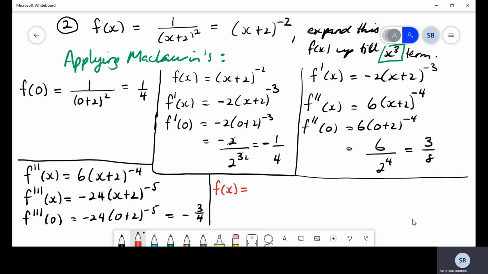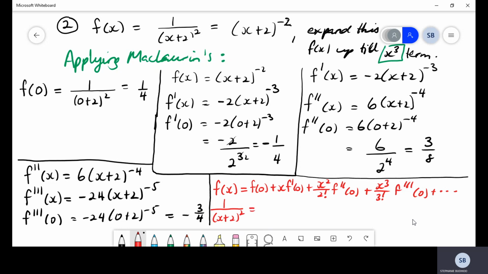I'll write down my standard format for you guys one more time. f(0) plus x f'(0) plus x squared over 2 factorial f''(0) plus x cubed over 3 factorial f'''(0) plus dot dot dot. Now what's our function? Our function is originally given by 1 all over (x + 2) squared.